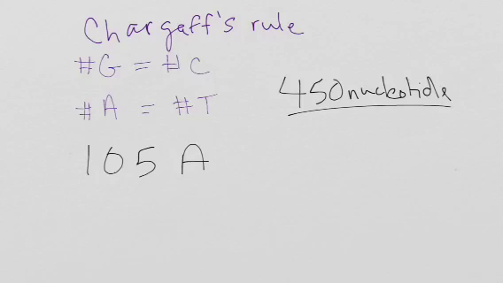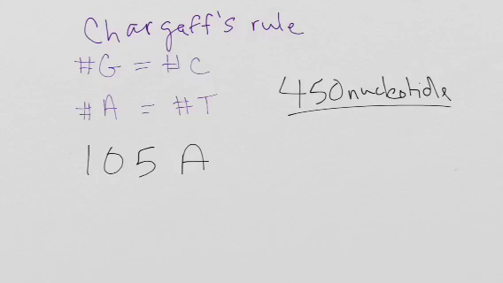What would you do? Well, you can't divide by 2. They're not evenly divided. That's a good guess, though. So you multiply the 105 by 2 because it's the same amount in the T, and then you divide the answer by 2. Okay, so here's what we know. According to Chargaff's rule, if I've got my number of adenines in my set of nucleotides, then I also know my number of thymines, because A is equal to T, right?